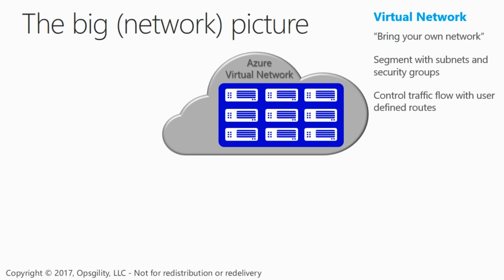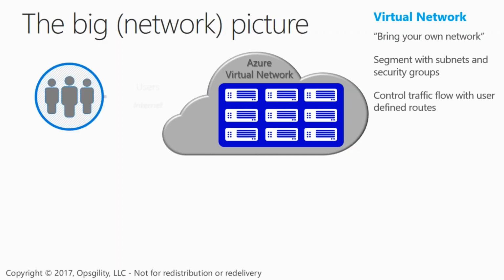This is going to allow me to define my own address spaces, IPv4 address spaces, and then segment up that network with as many subnets as my application requires. The virtual network is also going to allow me to control the flow of traffic between subnets as well as inbound and outbound.